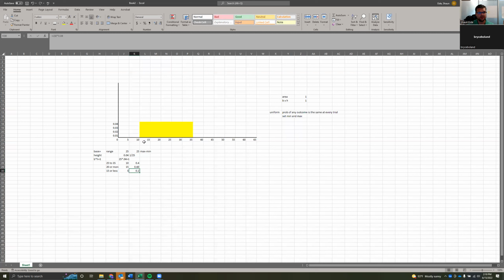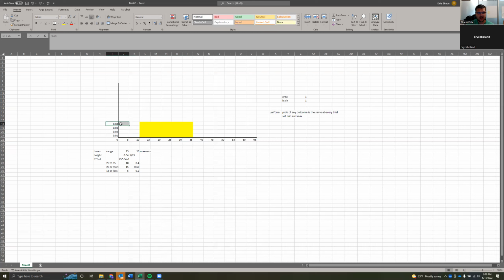So all that you're doing is calculating the area of this rectangle. 15 or less is the area of this rectangle. 20 or more is the area of this rectangle. 25 to 35 is the area of this rectangle. And so you just keep on changing the area and calculating the new area.